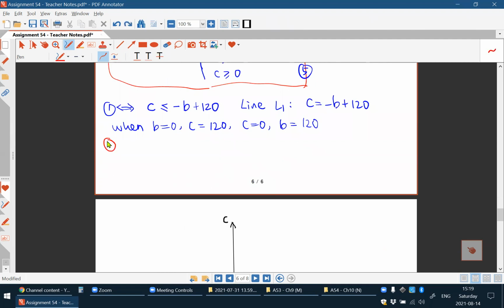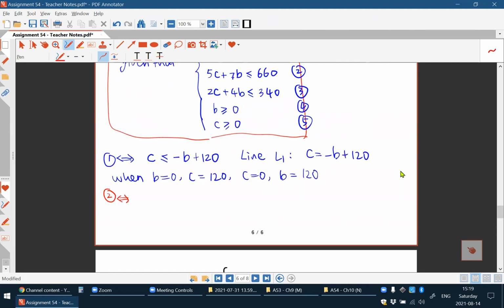And second, let's consider the second inequality, which is equivalent to 5C smaller than or equal to minus 7B plus 660, which is equivalent to C is less than or equal to minus 7 over 5B plus 132, right? And the corresponding line 2 is C equals minus 7 over 5B plus 132.